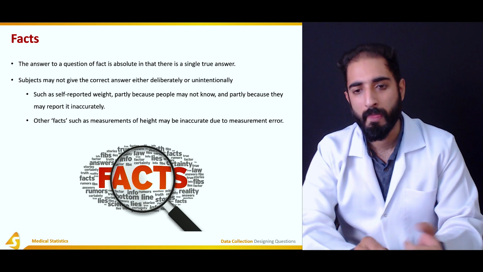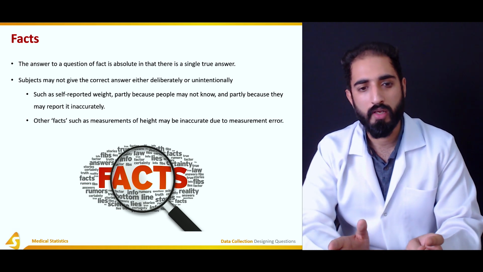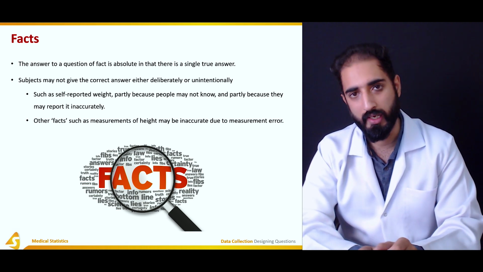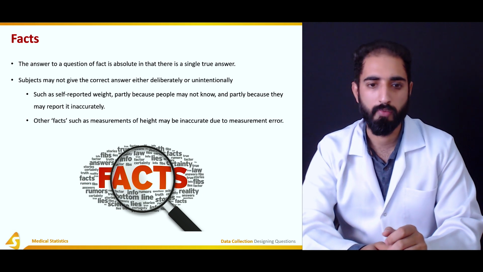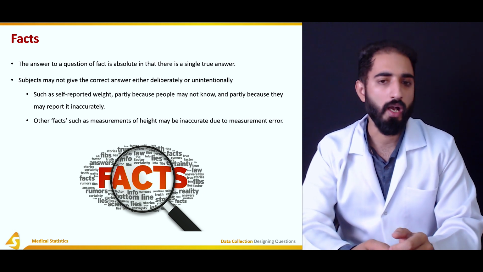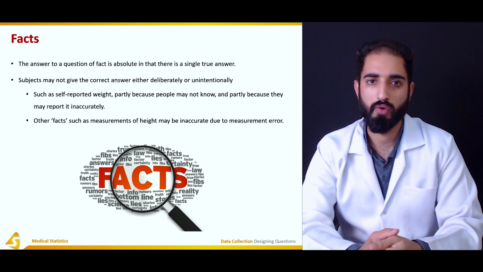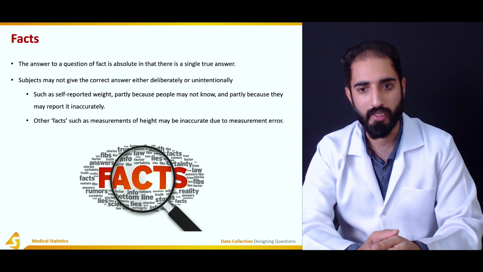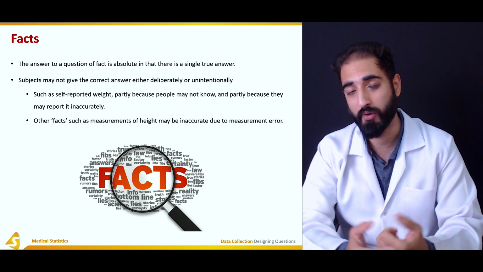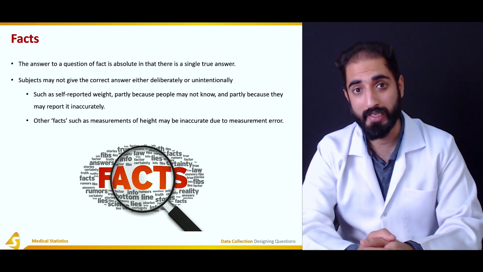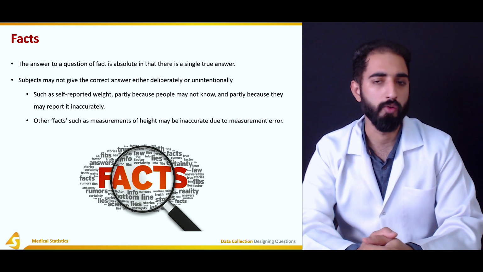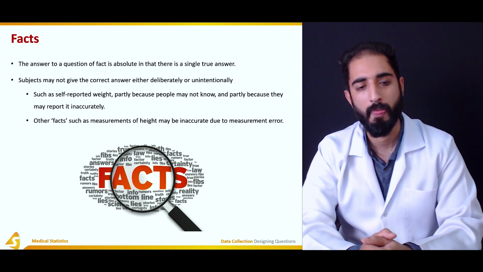He didn't know. Moreover, partly because they may report it inaccurately. For example, we ask someone about something very personal, such as what is your monthly income, and the person may not want to give us an exact figure, so that would be intentional as well.